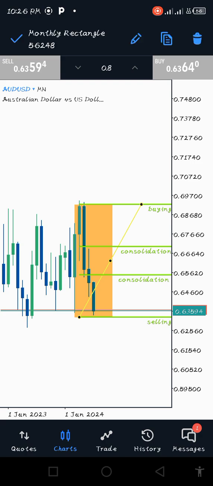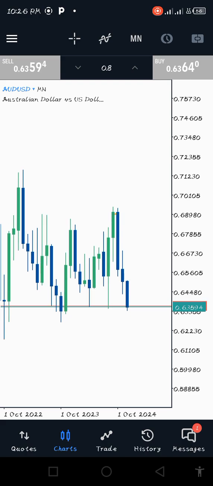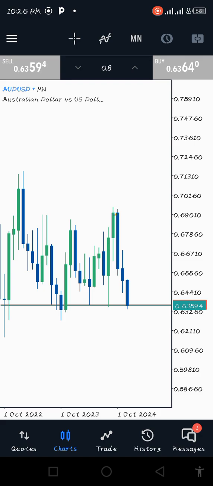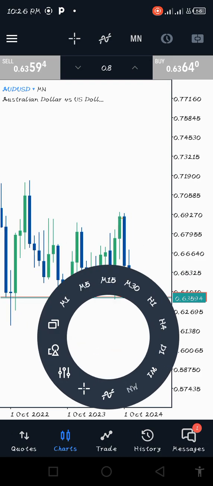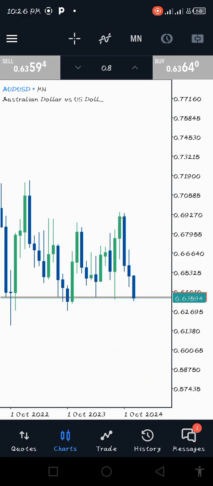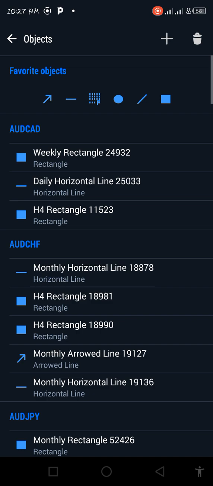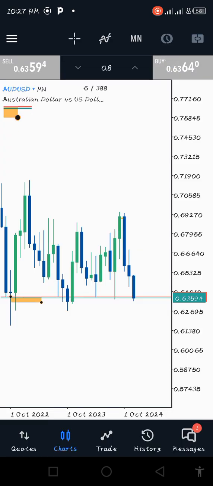So delete that. Now we have our bias on AUD/USD. We are just looking for selling opportunities, much more selling opportunities. But we can see this zone right here that can stop price. This is a zone on the monthly time frame.